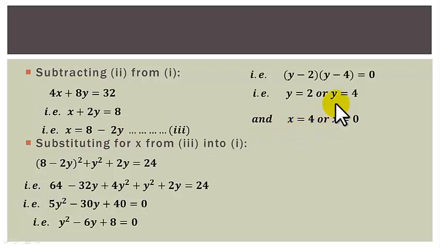And when y is equal to 4, x will be equal to 8 minus 2 times 4, that is 8 minus 8, which is equal to 0. So therefore, the coordinate of the point C, (x, y), is equal to (4, 2) or (0, 4).